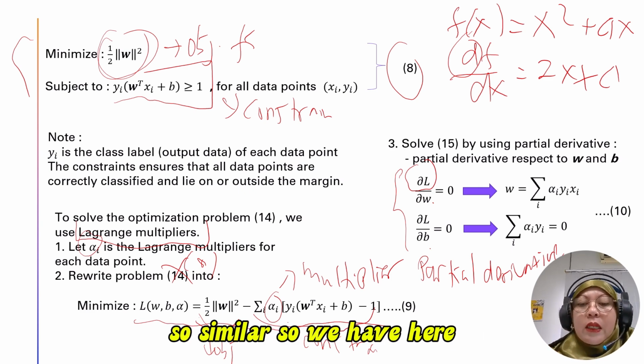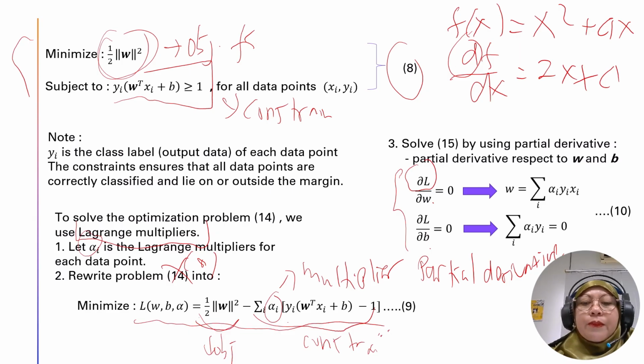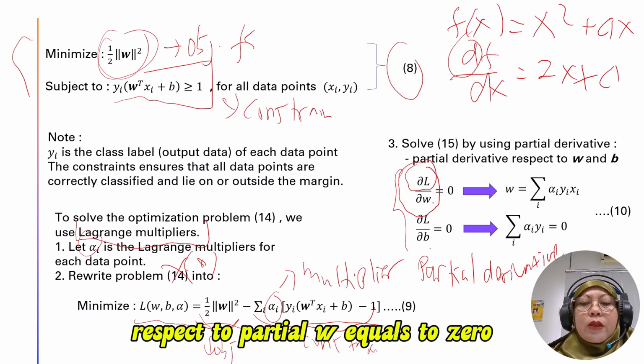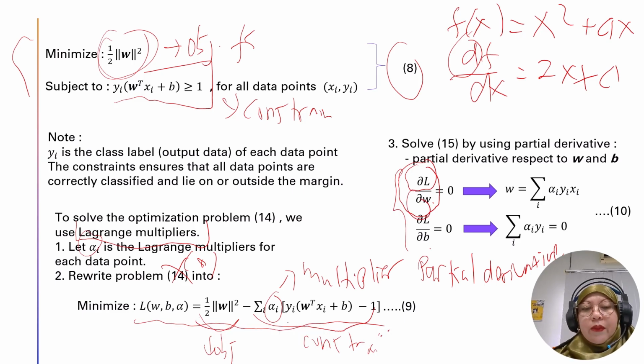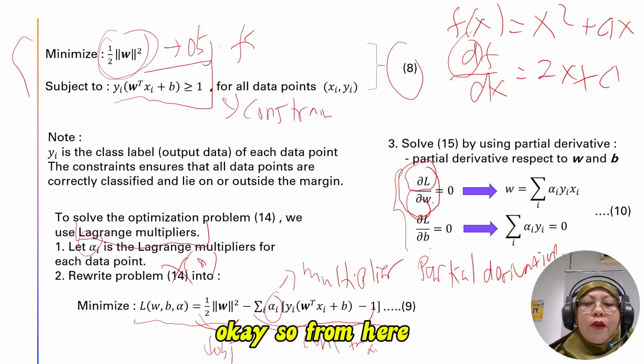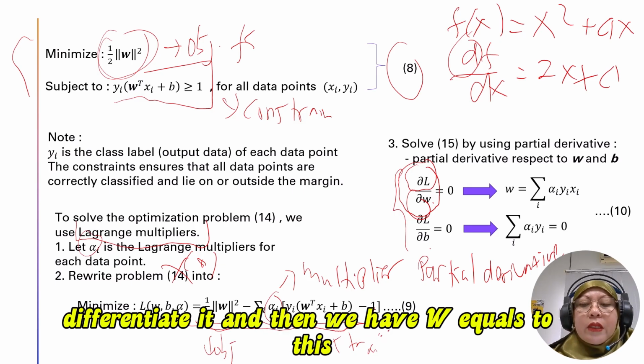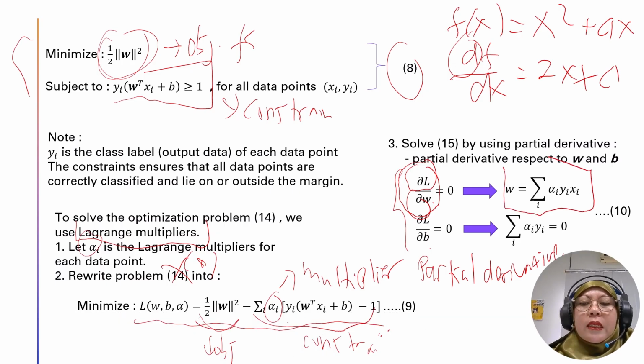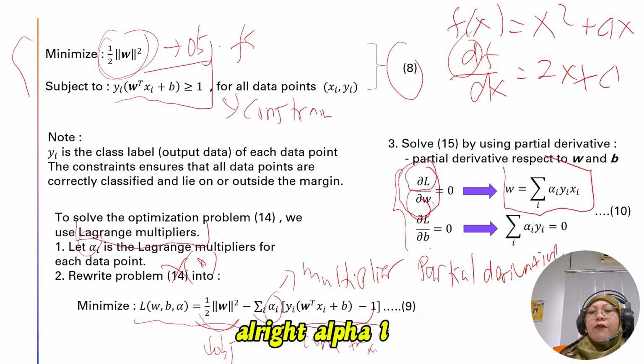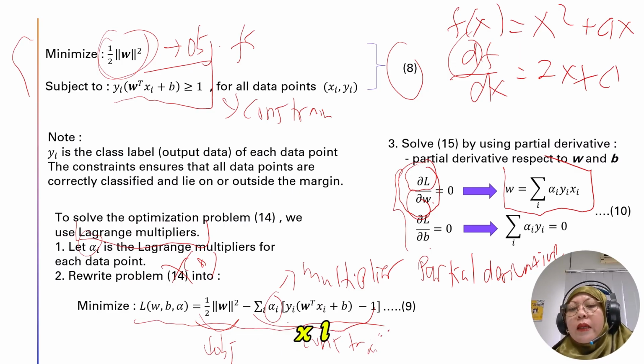Alright, so similar. We have here partial L with respect to partial W equals 0. So from here, if you differentiate it, we have W equals to this: sigma alpha i, yi, xi.